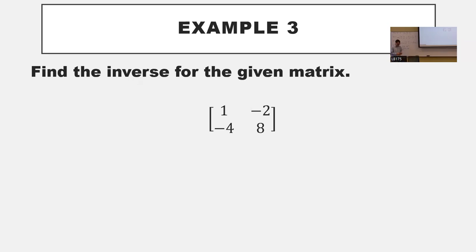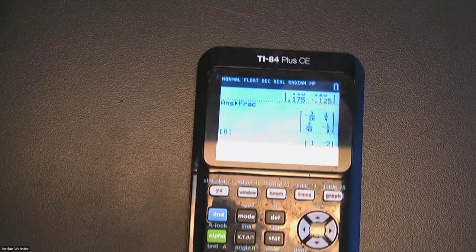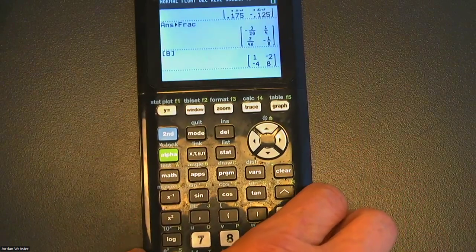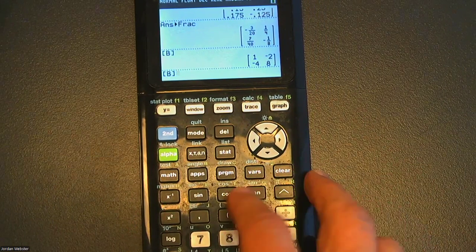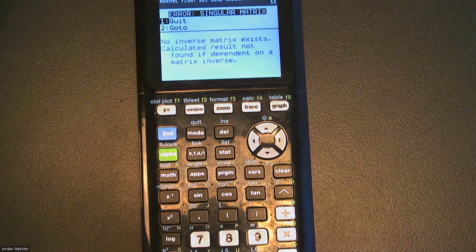I'm going to put that into my matrix B, just so it's not in matrix A. So there's my matrix B. If I go B inverse, it's going to say that there's a problem.